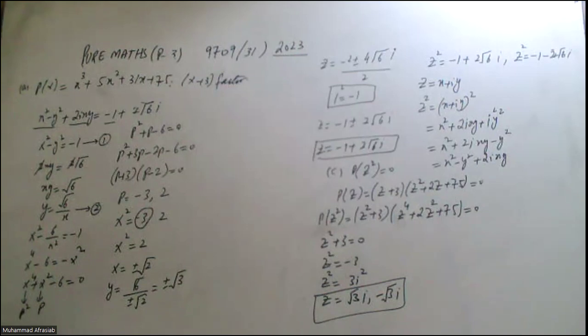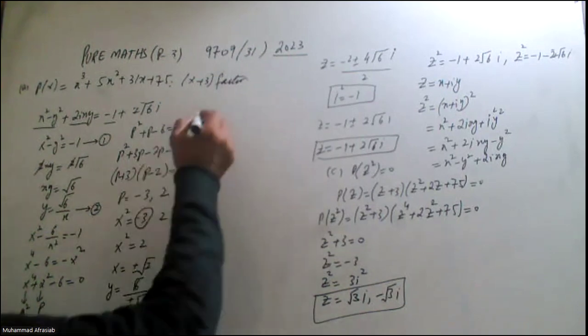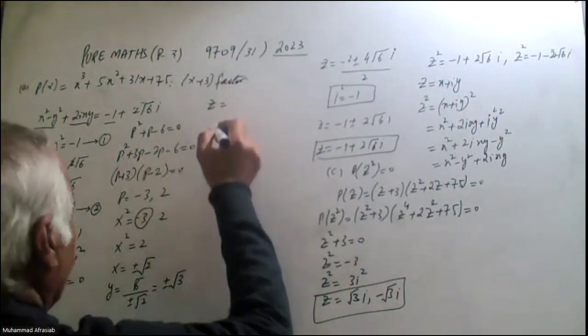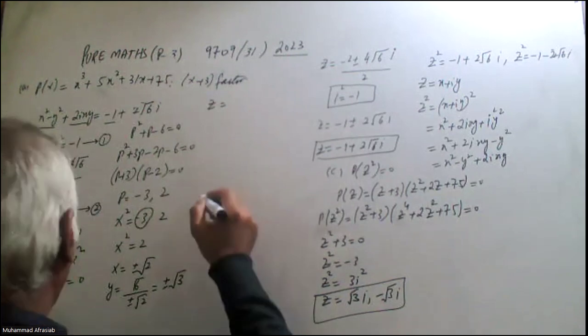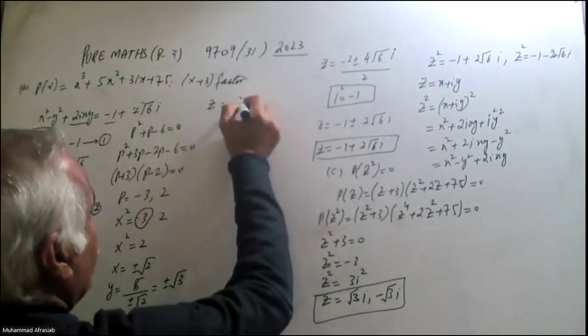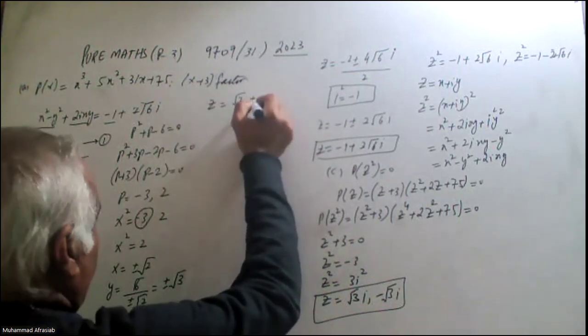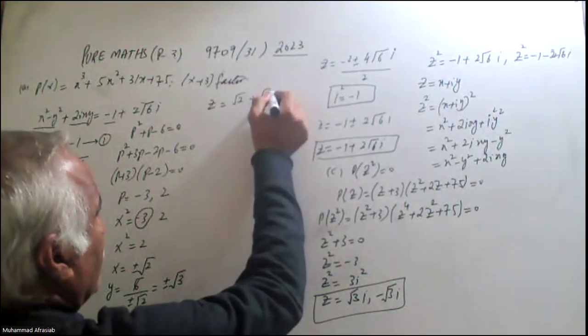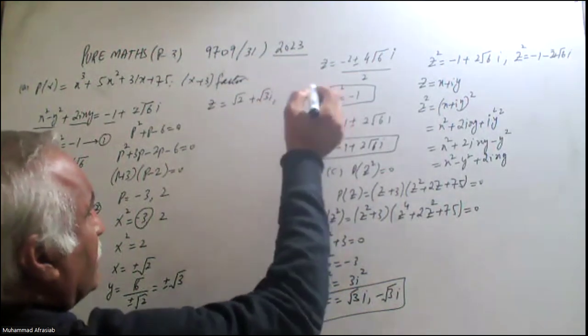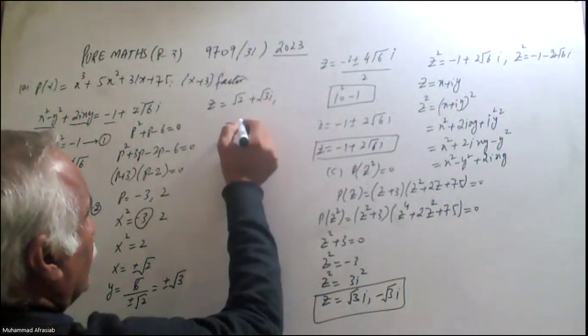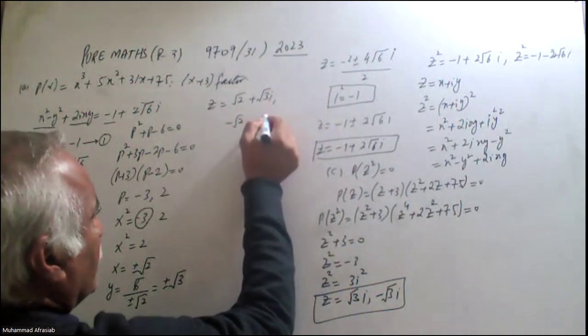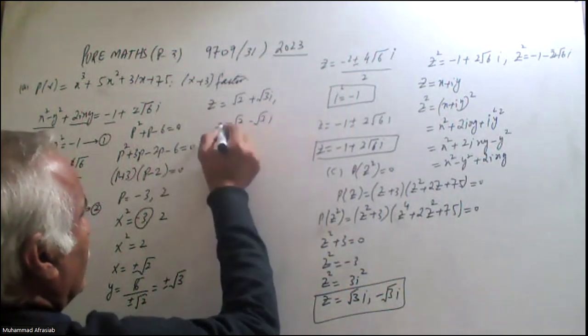Now, the two roots of this equation of -1 plus 2 root 6 iota: one value is z is equal to root 2 plus root 3 iota, and the other value is minus root 2 minus root 3 iota.